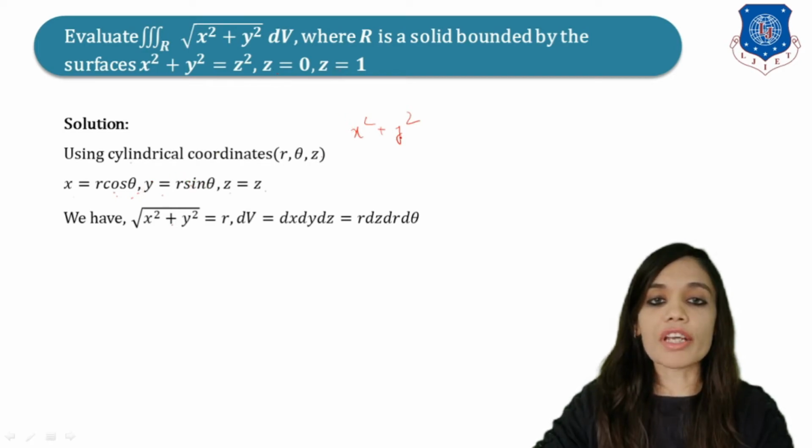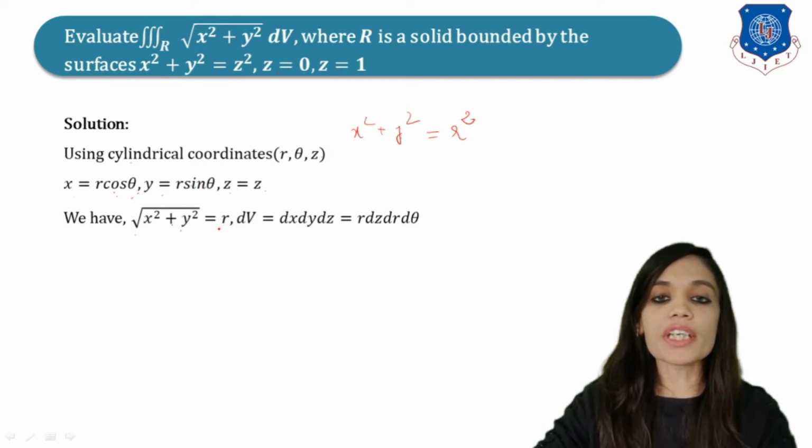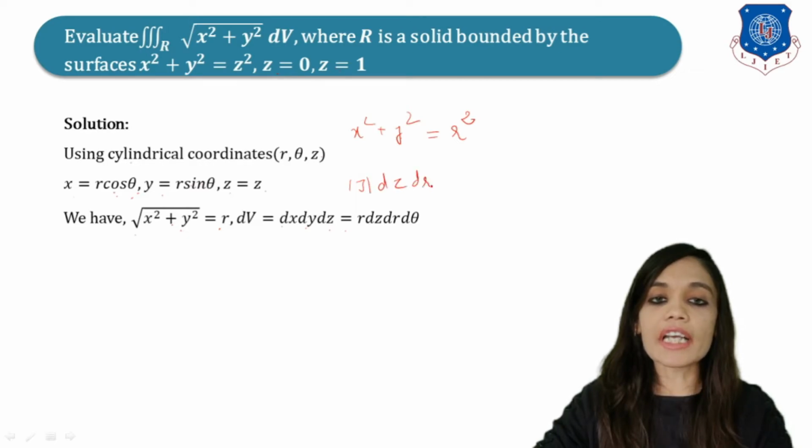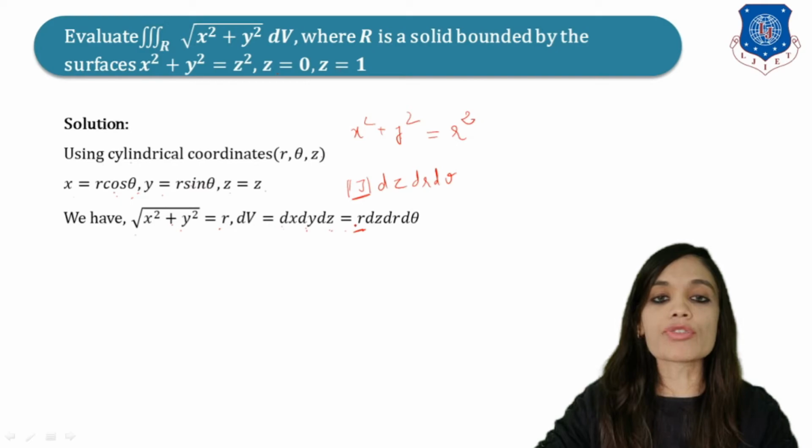Therefore square root of x square plus y square will be r. And your dV, that is dx dy dz, will be equal to mod J times dz dr d theta. But for cylindrical coordinates, our Jacobian is what? R. So dx dy dz will be equal to what?